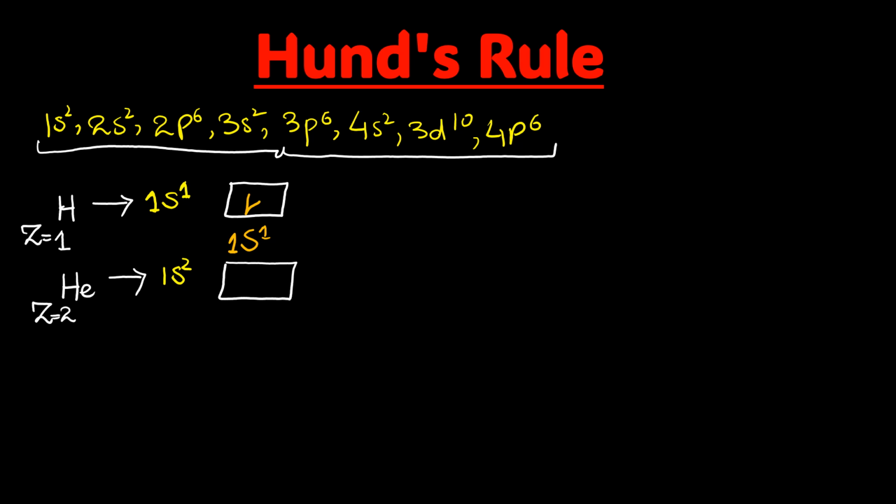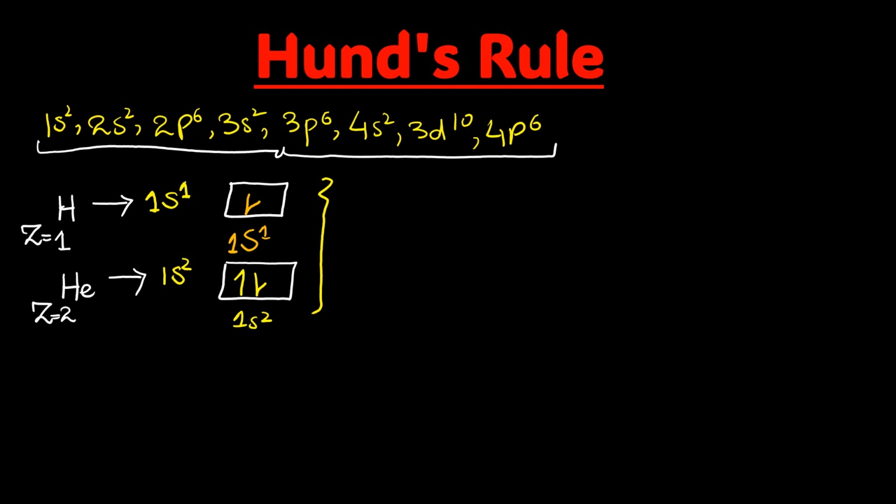One electron will be in spin up state, whereas the other electron will be in spin down state. So two electrons of opposite spin will be present in the orbital. So this is for the filling of the 1s2 orbital.